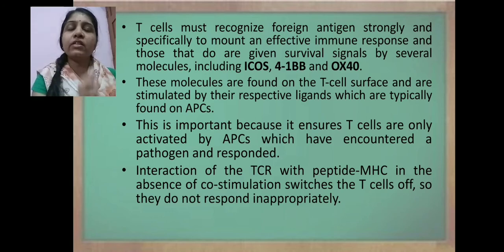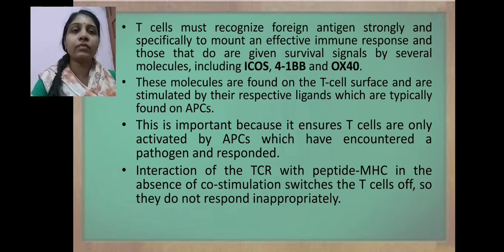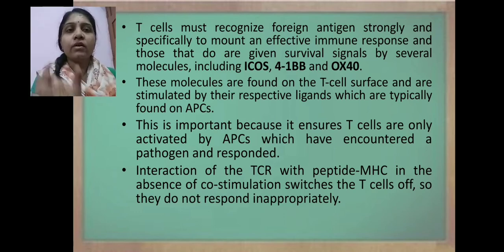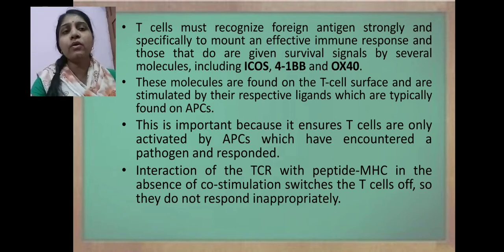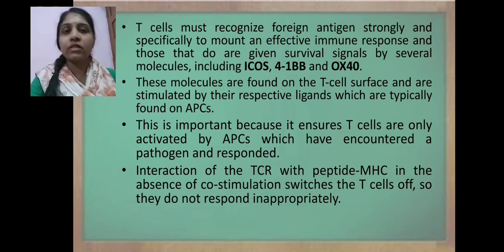And majorly, these are normally present on the surface of the T lymphocytic cells, and these are stimulated by their respective ligands which are present on the surface of antigen presenting cells. Majorly these types of survival signals are essential for the proper development of the T lymphocytic cells.